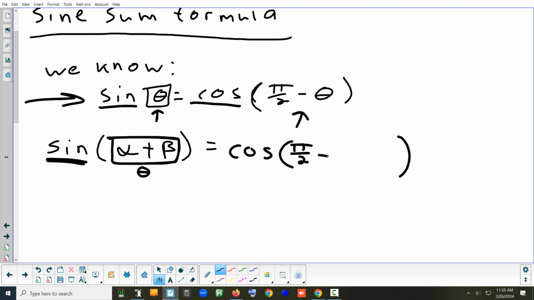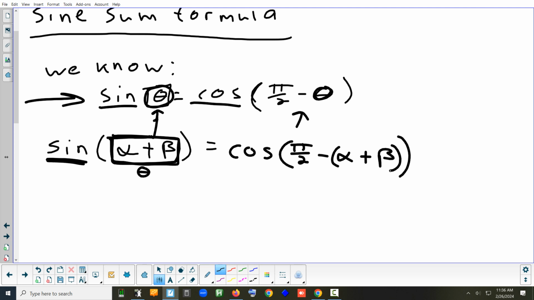Alpha plus beta. So the cosine is the pi over 2 minus the angle. In this case, that's my angle, so fill alpha plus beta in for my angle. Pi over 2 minus, and actually I should put parentheses.